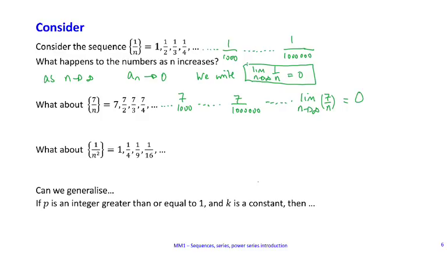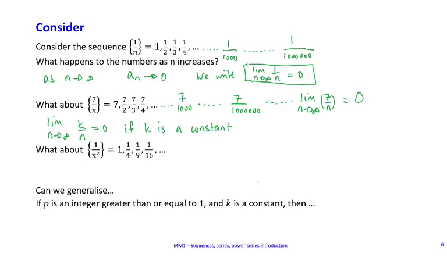It's quite obvious, but nonetheless, one sometimes has to think about it. So basically, the limit as n goes to infinity of k over n is equal to 0 if k is a constant. Okay?